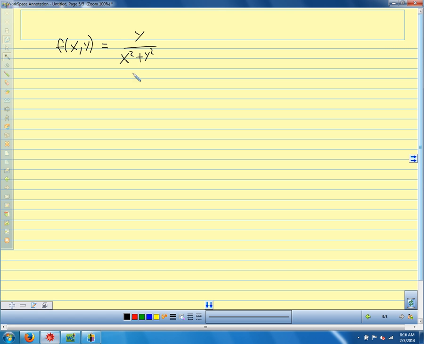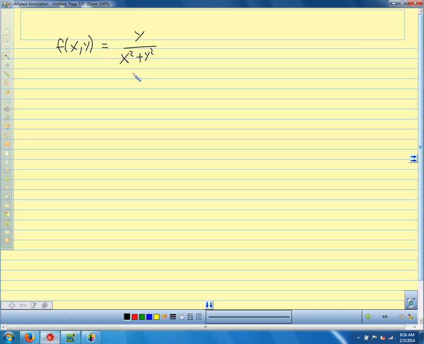Now, this is a rational function, so it should be continuous where it's defined. So what gives us a problem here, as we're looking at the continuity and the limit as we approach 0, 0? What's that? The bottom is 0.